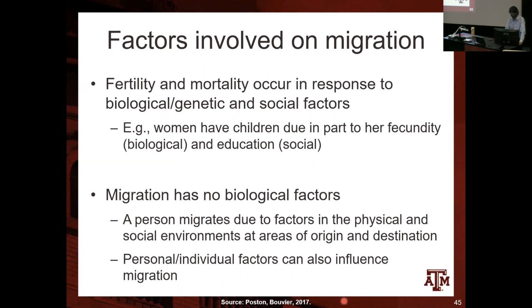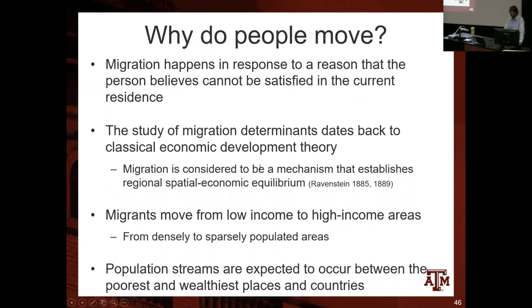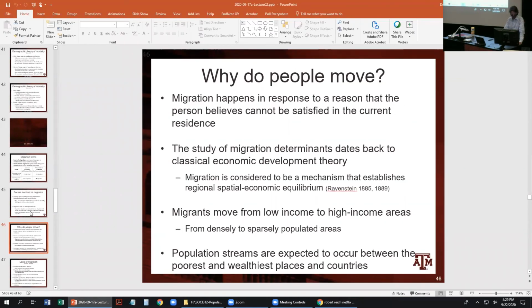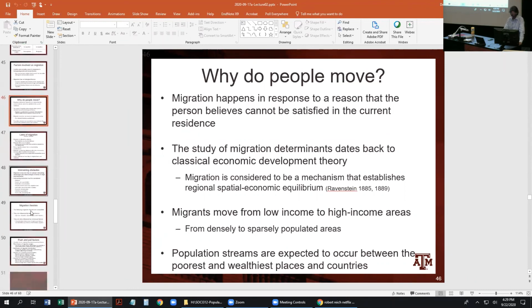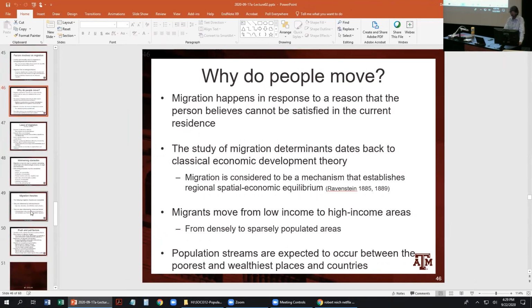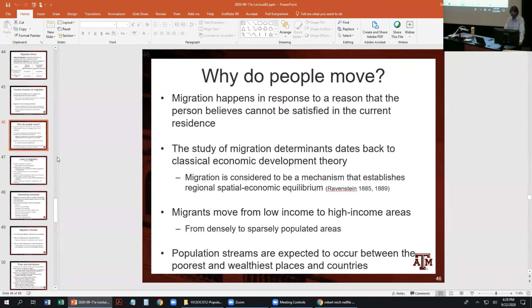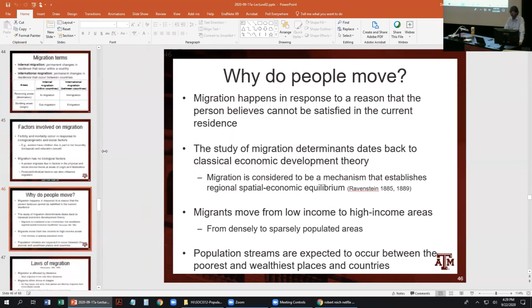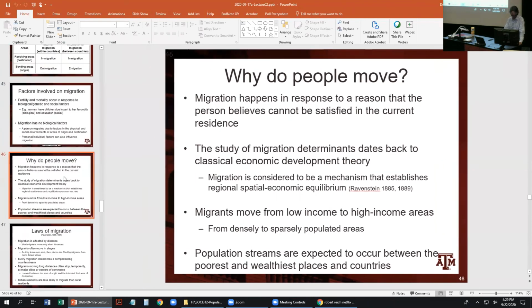So I think it's going to be hard to continue here, but we will continue on this topic. I gave you an overview of these migration theories based on the textbook.